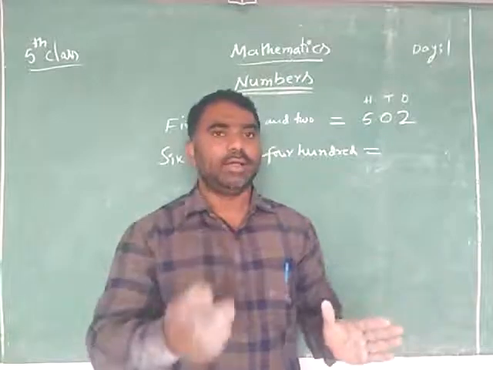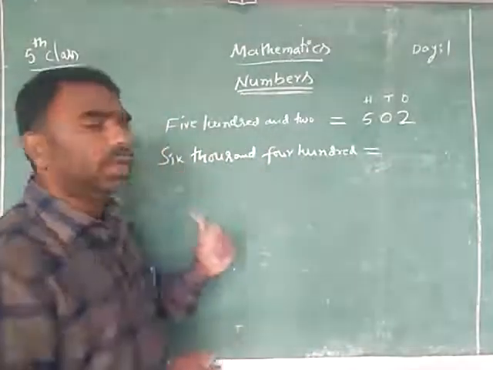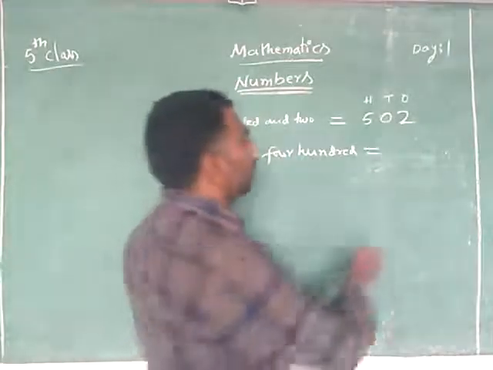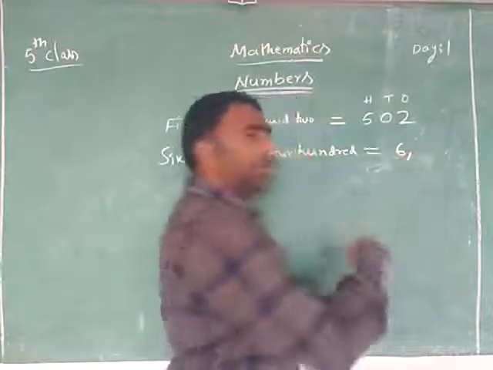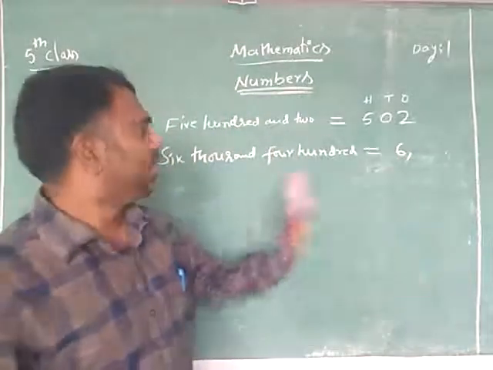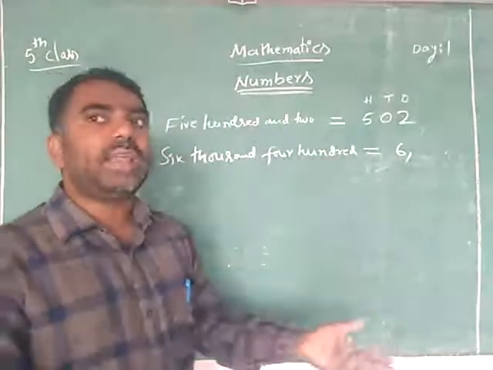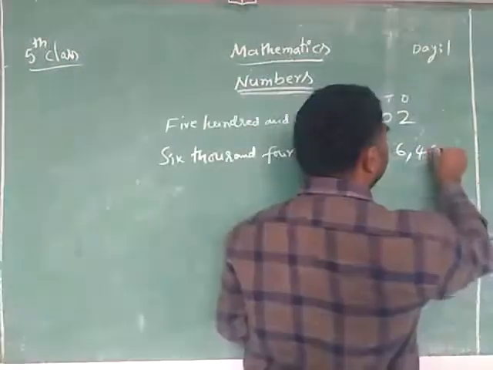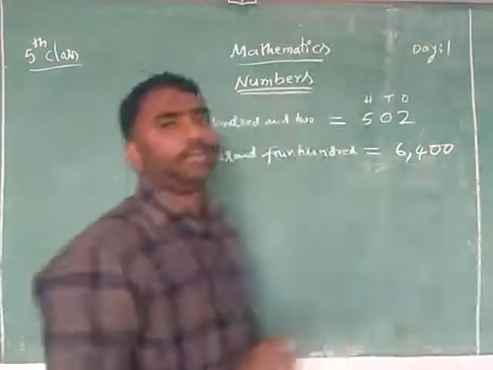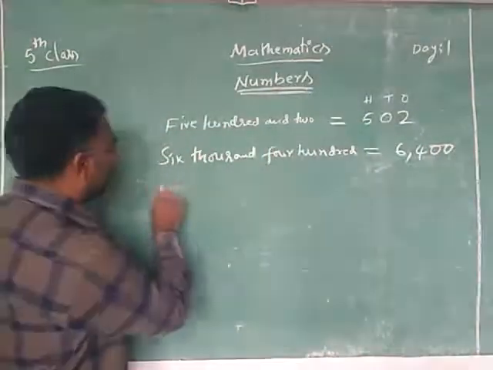So if the thousands are there, there are 6,000. I will write 6,000 and a comma because we are separating the thousands. So 6,000 comma. What is the next number? 400. You know very well how to write 400. Very easy.